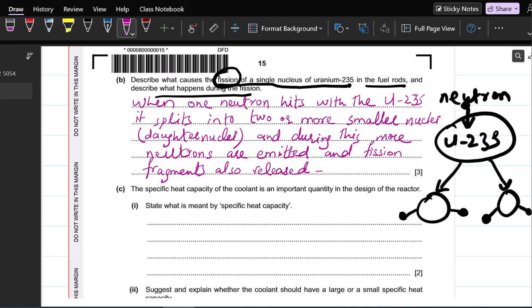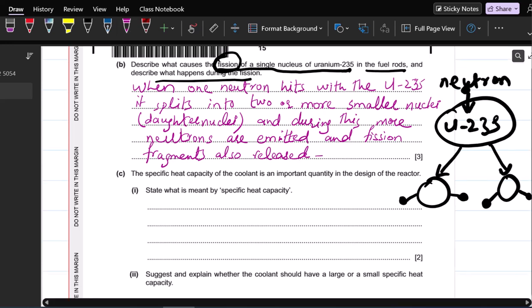So we have to write this. It is a simple process.